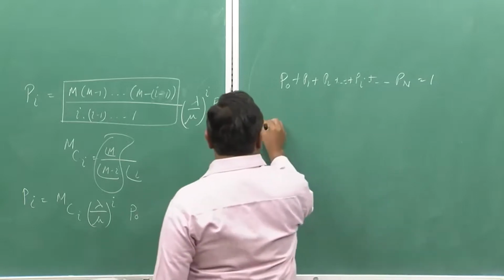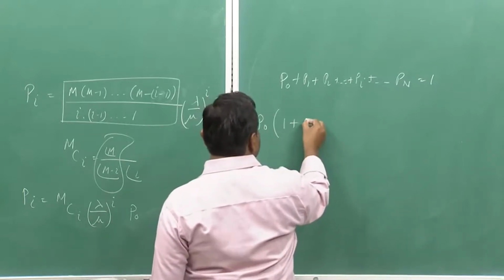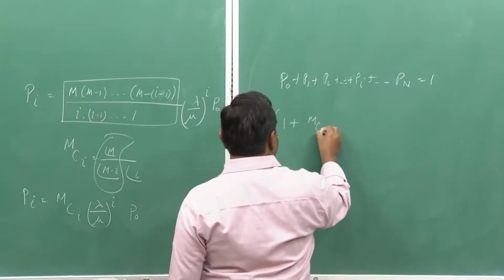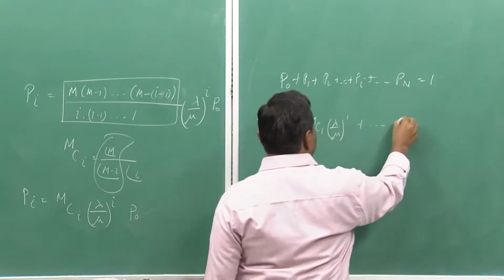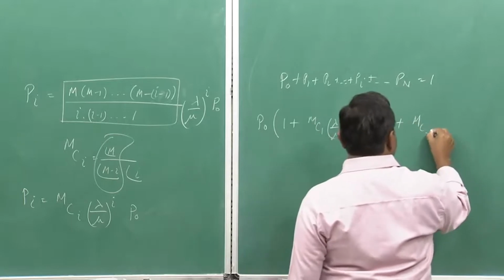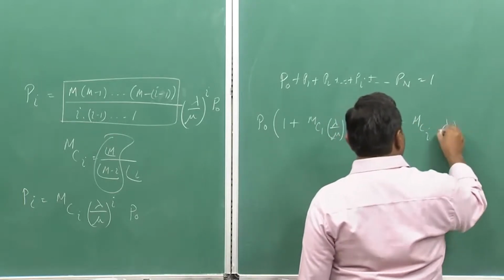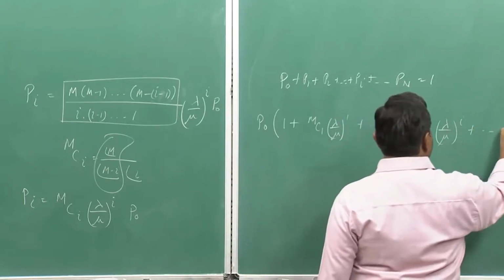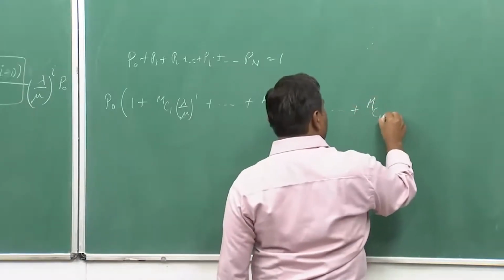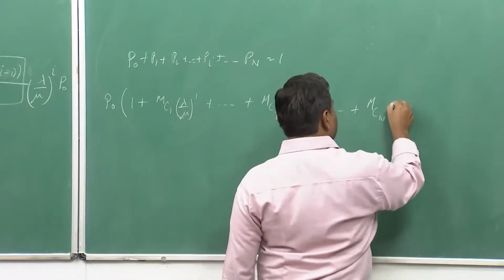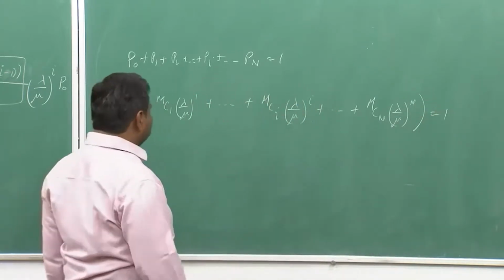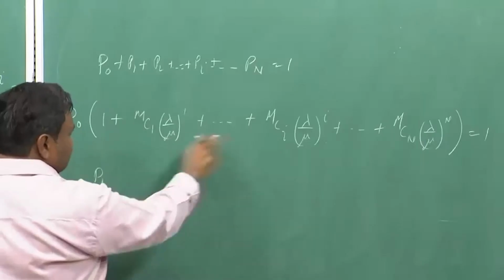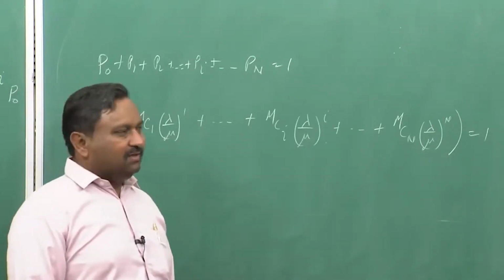So, which I can write now P0 as 1 plus m C 1 lambda by mu raised power 1, this should be equal to 1, which gives me nothing but P0 is, this is not a closed form solution.